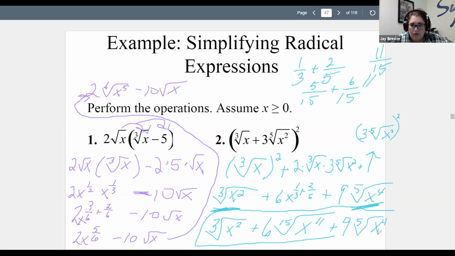And I can scroll down and show you guys the not so messy version of this. But that's basically the way it works.